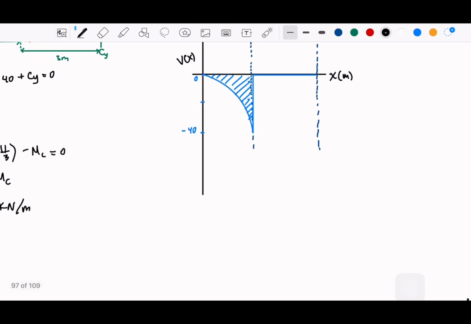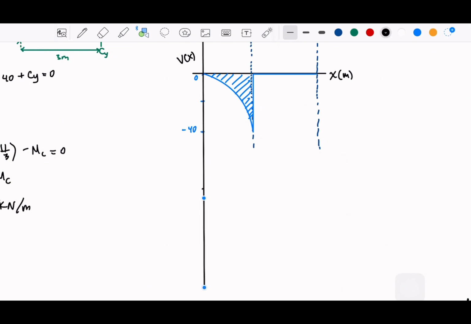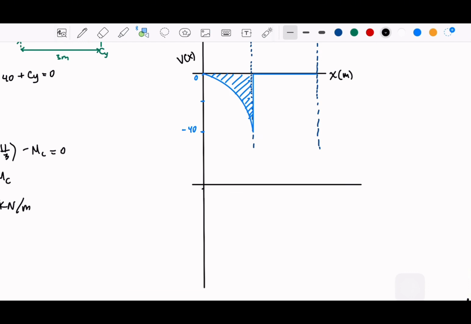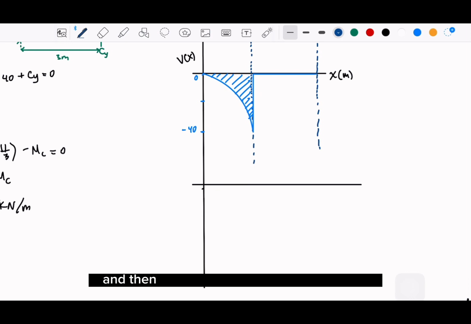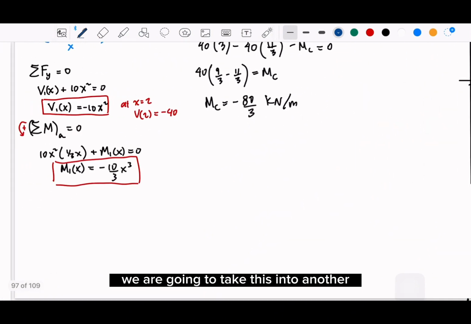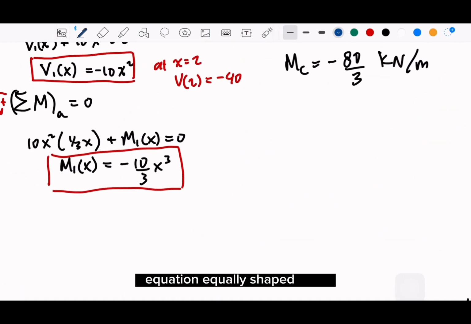Similarly, we could take this over there. And just keep in mind that the moment is the integral of the shear. So we are going to take this into another equation here, which is m1x equals negative 10 over 3 x cubed. Now we have a cubic formula.